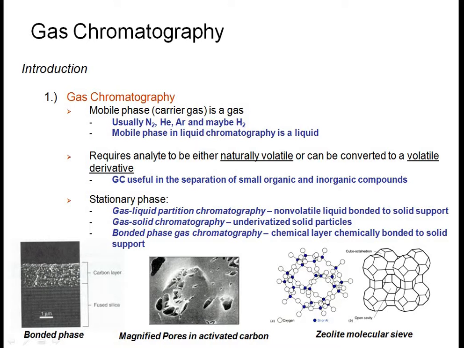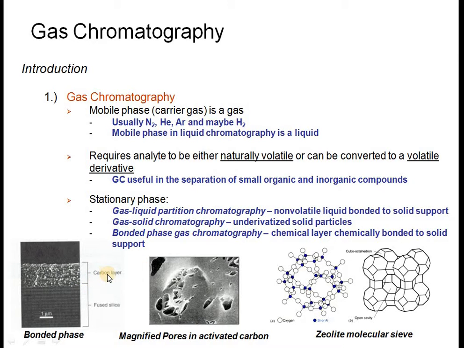For the stationary phase, there is gas-liquid partition chromatography, with a non-volatile liquid bonded to a solid support; gas-solid chromatography, with an uncoated solid particle; and bonded phase gas chromatography, with a chemical layer chemically bonded to a solid support. Gas-liquid, gas-solid, and bonded. This is bonded phase gas chromatography: a chemical layer chemically bonded to a solid support.